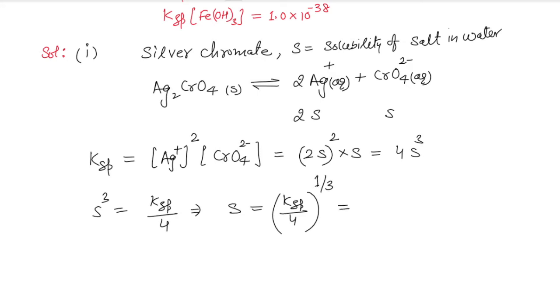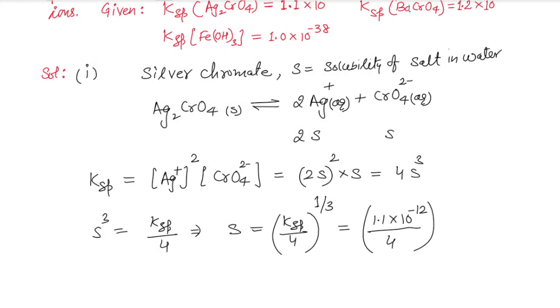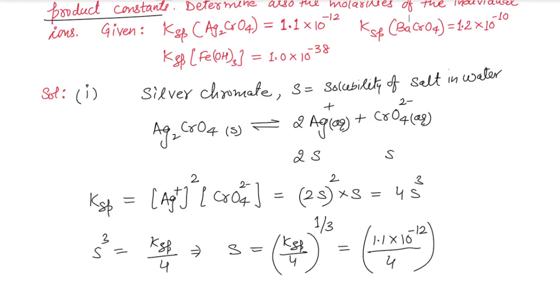So what is Ksp? Ksp is 1.1 into 10 raised to power minus 12 for silver chromate, divided by 4, raised to power 1 by 3.